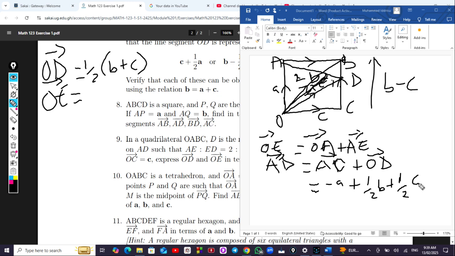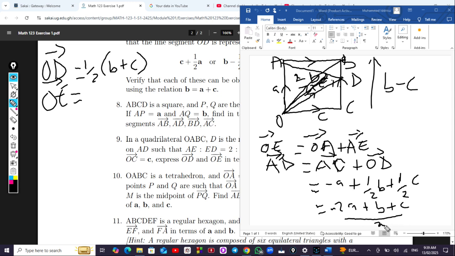You can leave it this way, or you can simplify it further to be minus 2A plus B plus C all over 2.